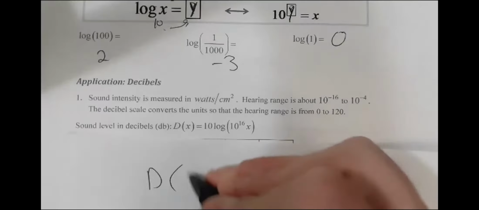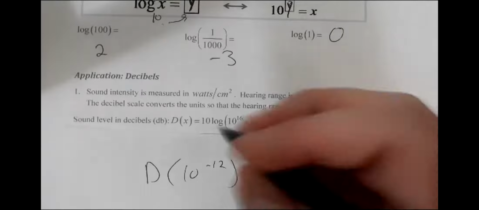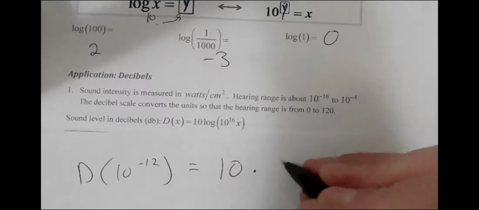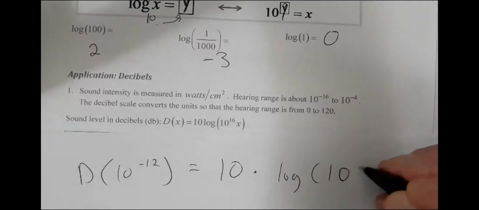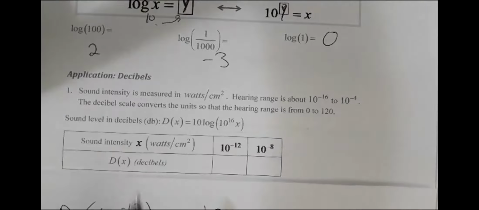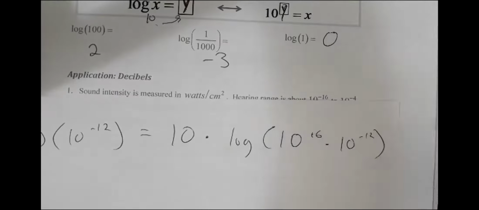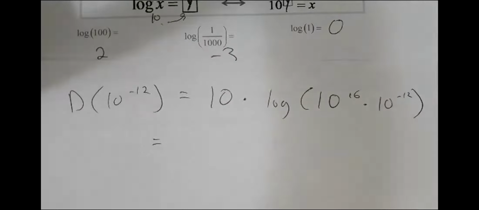10 to the minus 12 into this thing. It's 10, and this 10 is a coefficient on the outside. So this is like 10 times the log formula, and I'm multiplying by 10 to the minus 12. So I'm definitely going to want to use some exponent properties to clean this up a little bit.